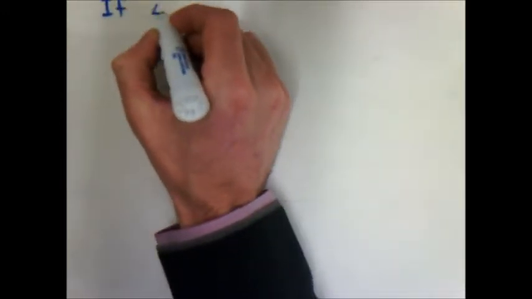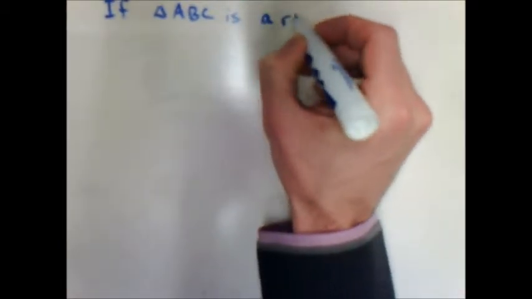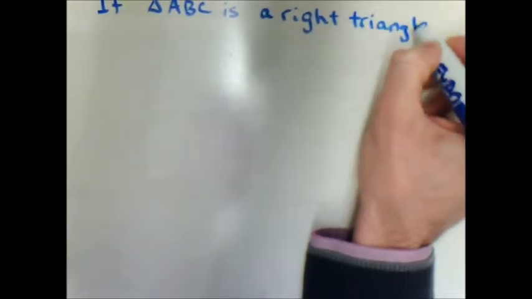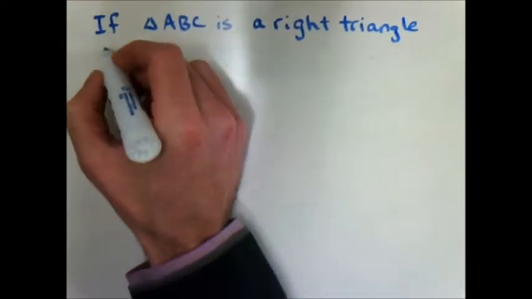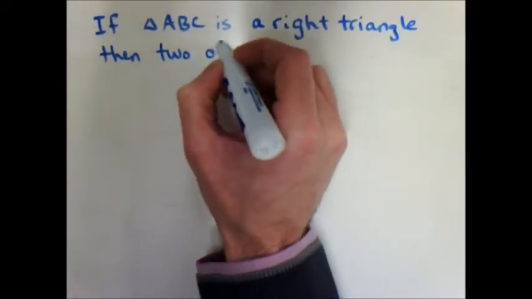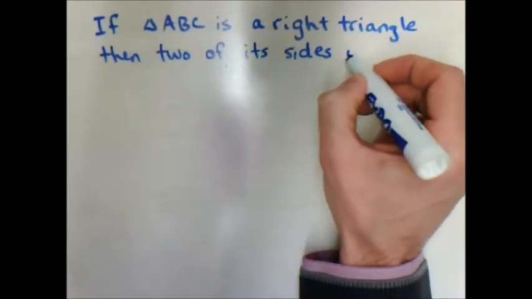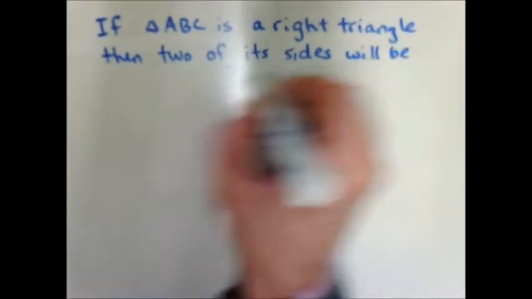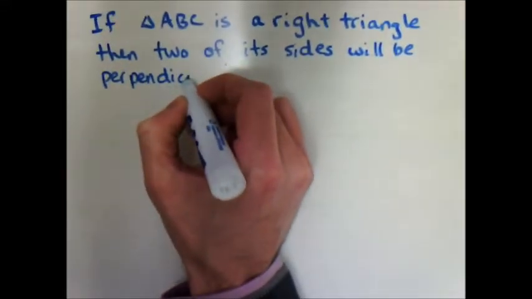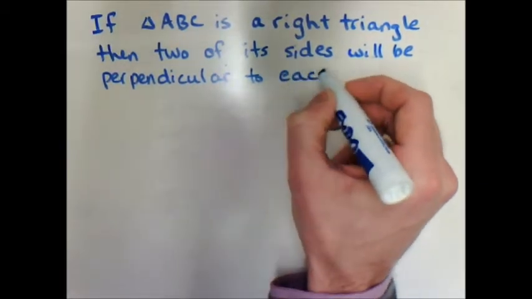If triangle ABC is a right triangle, then 2 of its sides will be perpendicular to each other.